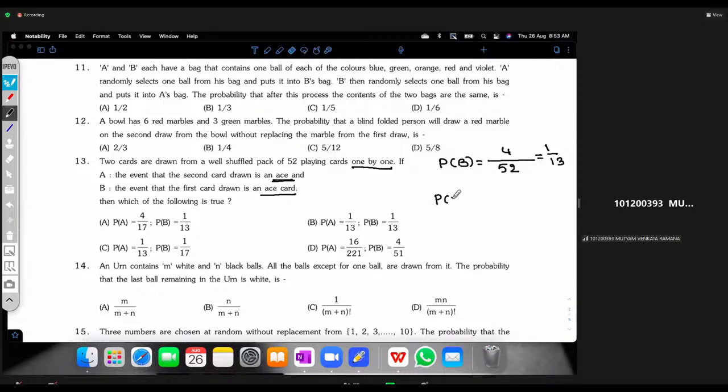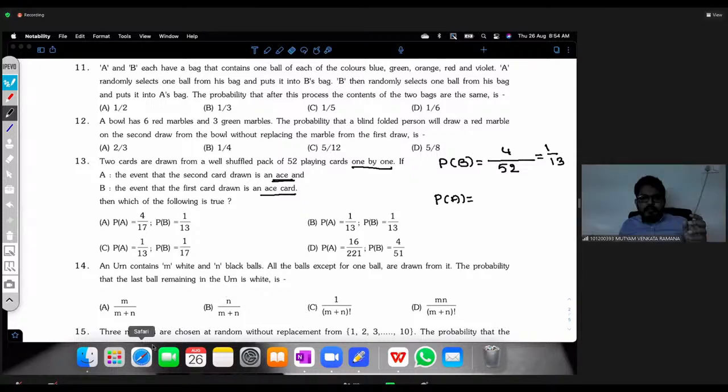Now the probability of A. If the first card is ace, with the well-shuffled deck, one after one means whatever you take first, you're not replacing.